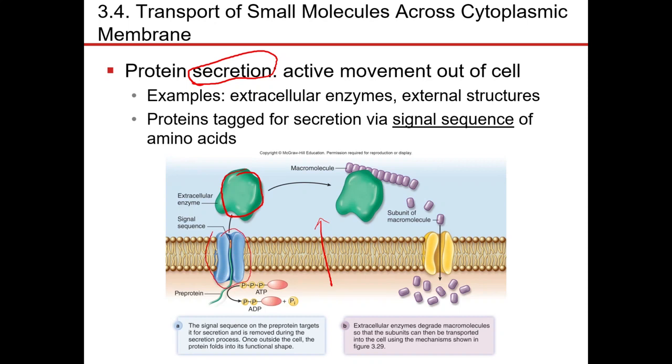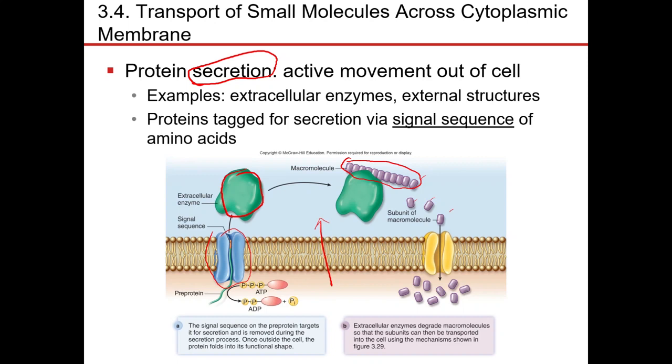So what happens when the cell produces a protein that it wants to send out of the cell for whatever reason? For example, in this case, the green enzyme that it has produced to send out of the cell is an enzyme that performs some sort of a hydrolysis reaction where it breaks down a large molecule into tiny molecules which can then be taken into the cell.